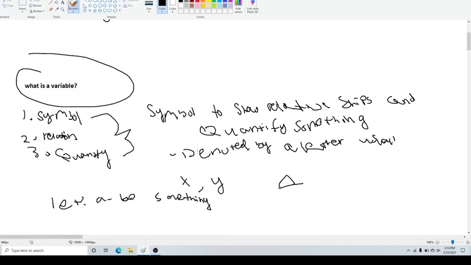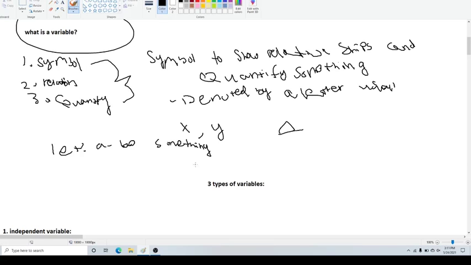So, now, we said that variables are symbols that we use in mathematics to show relationships, and we also use them to quantify something. So, we could quantify the number of apples, so say we have 4 apples, and a number of oranges. We could say n is the number of oranges.